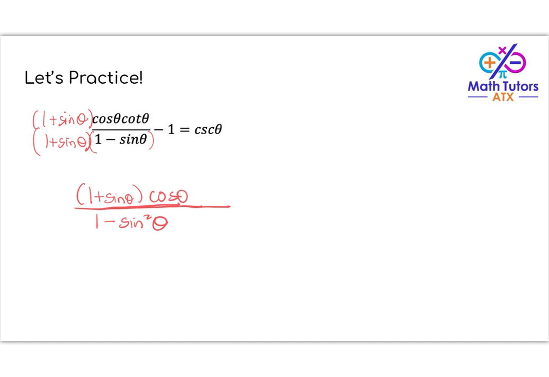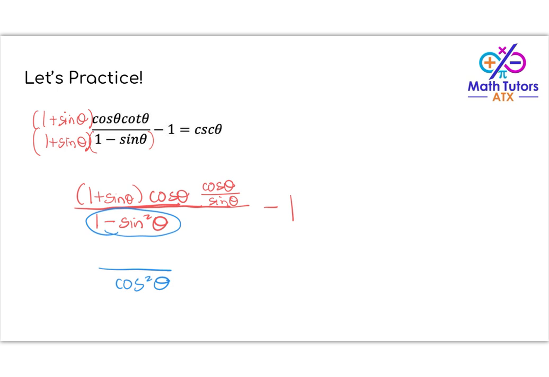But I am going to look at my cotangent as being cosine over sine. So I'm just going to look at that. Okay, and then there's a random -1. Okay, great. So let's look at that then. All right, so right here, the denominator, 1 minus sine squared, can be replaced with cosine squared.